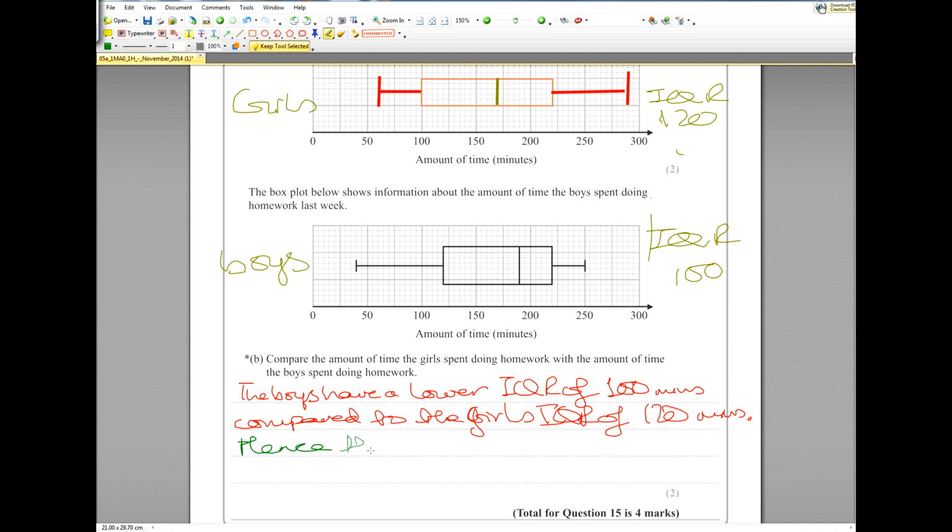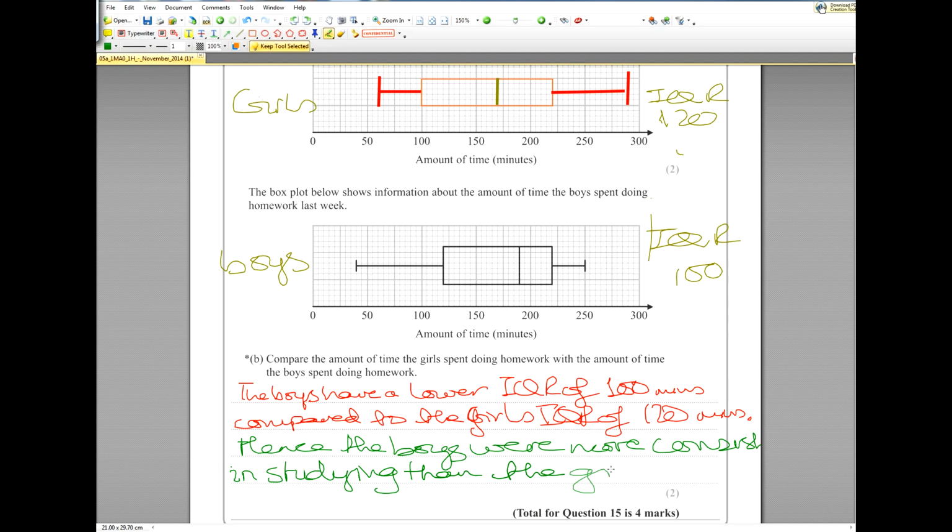So we say hence the boys were more consistent in studying time than the girls.